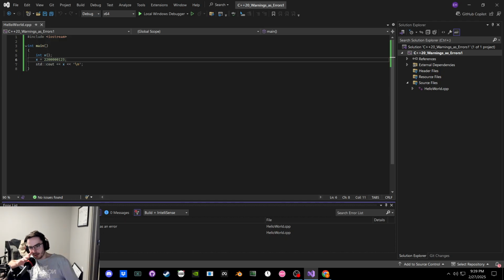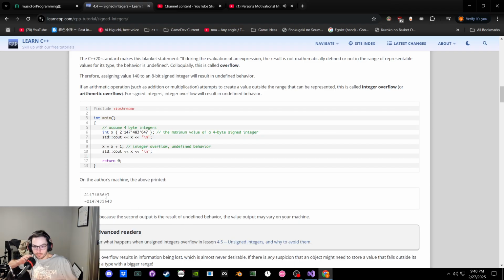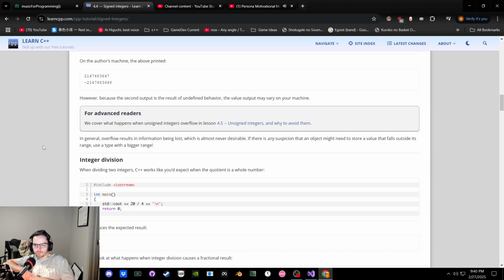Oh wait, warning is error, okay. We'll cover what happens with unsigned integer overflows later. In general, overflow results in information being lost, which is never desirable. If in any suspicion, use a bigger range.